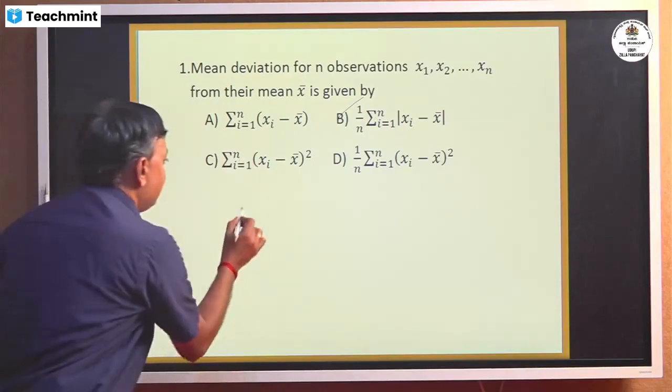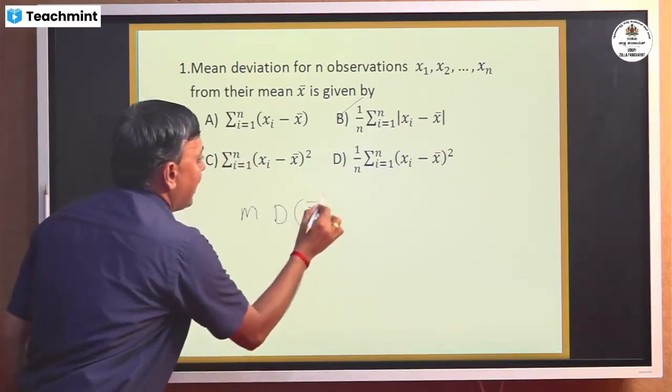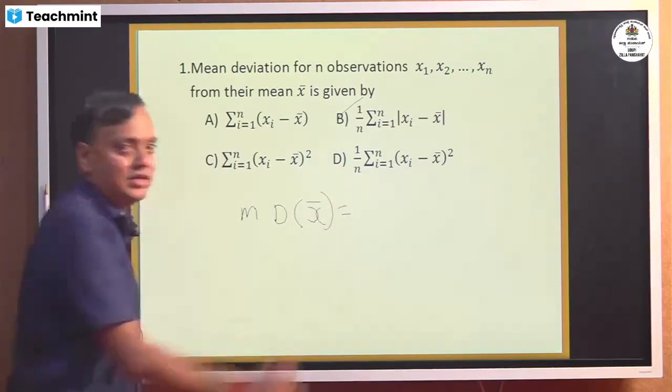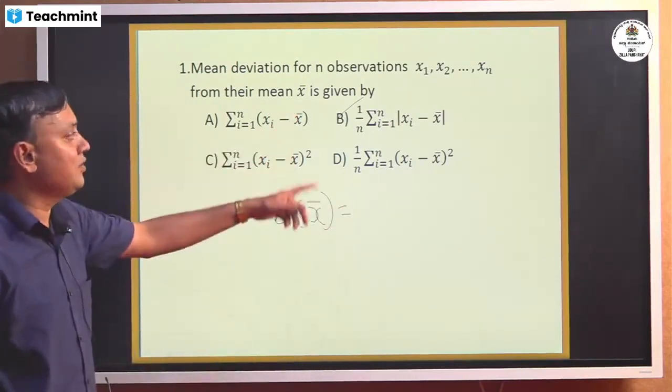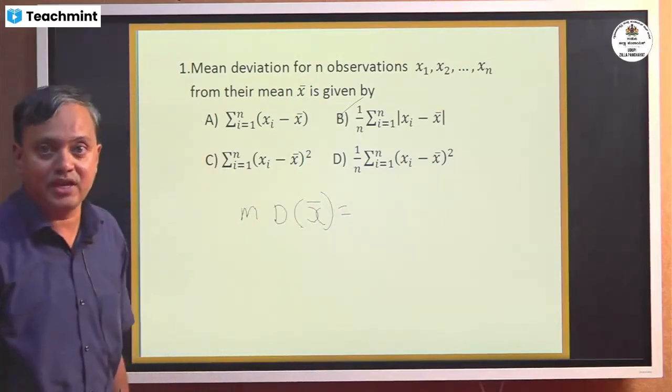Here mean deviation from a mean x bar and for median is m. So 1 by n into summation, sigma i varies from 1 to n, modulus of xi minus x bar.